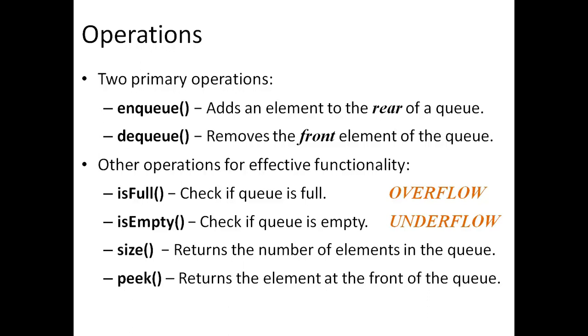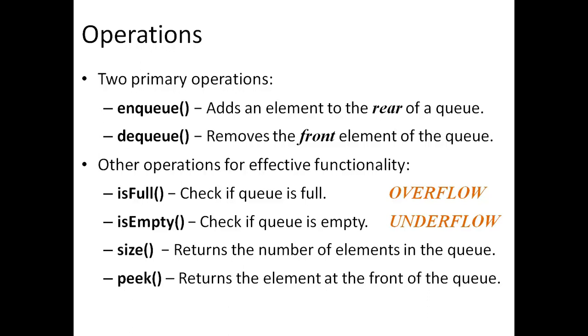They are isFull. It will check if the queue has space to store more elements. Here we have assumed that storage space used for the queue elements is of limited size.